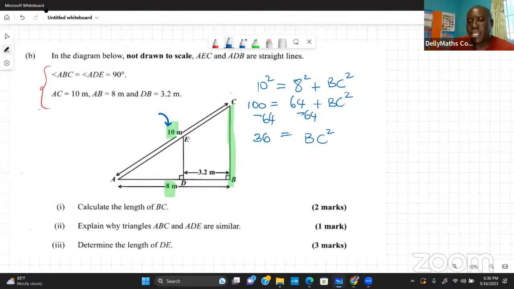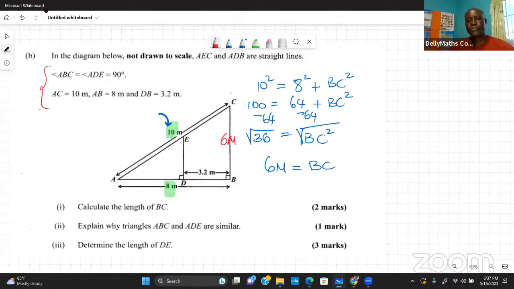Now, the value of BC is to take the root of both sides. 6 meters is equal to BC. So we utilized the Pythagorean theorem there as we went forward in executing that. So let us just put it on. I'm going to put it right there, 6. So here it is, 6 meters.